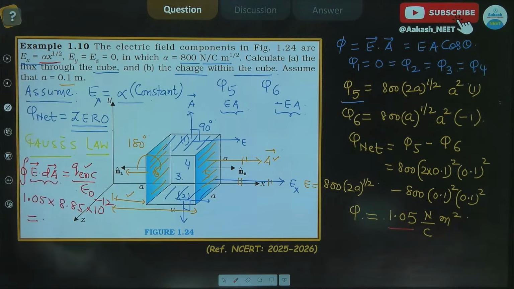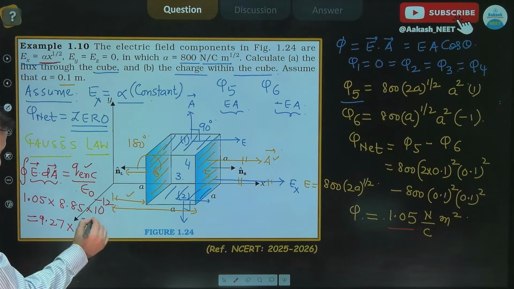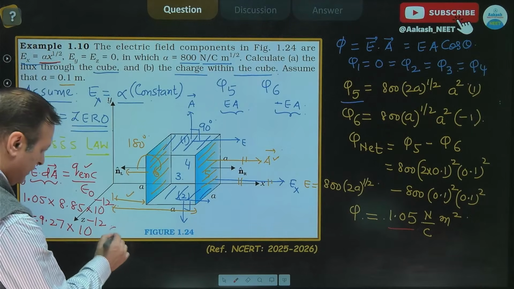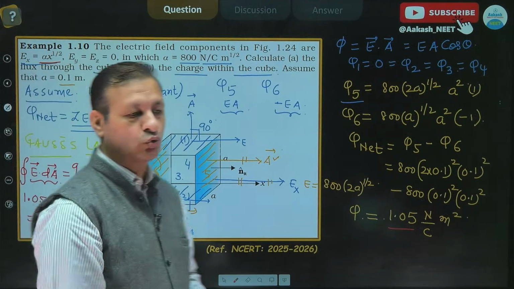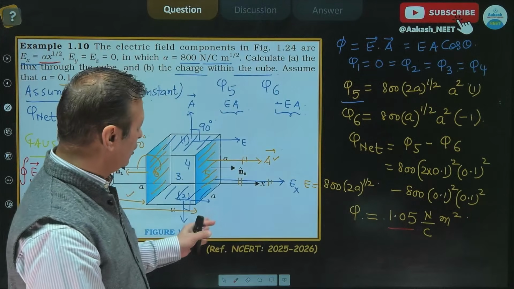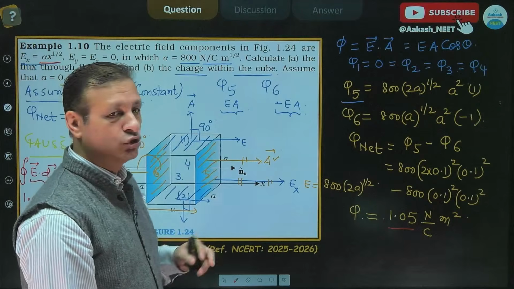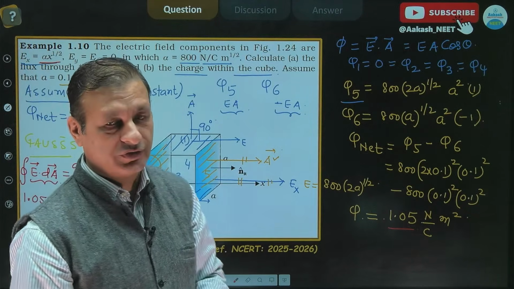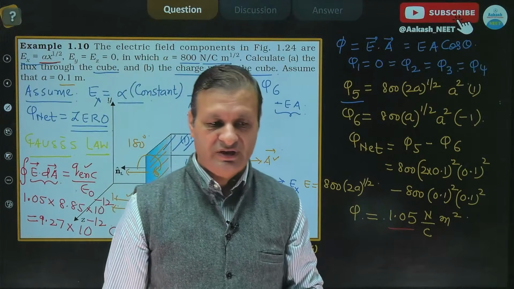Can you work it out? This is close to 9.27 into 10 to the power minus 12. So this is the charge, and the SI unit for charge is coulombs. That is the amount of charge enclosed by this cube in the original configuration, in the original question we have.